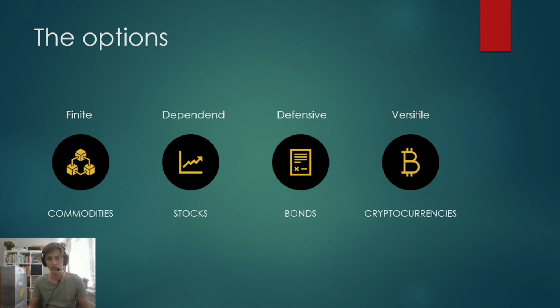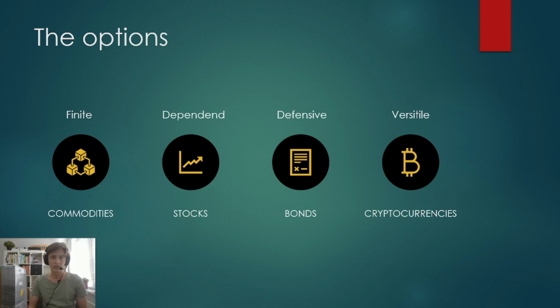With stocks, they're really dependent on all the factors. Are you in a recession and people can't buy that much? They won't be buying on the stock market. They won't buy that many luxury products like microchips maybe, or with Amazon, they won't use their services as much as they would without the recession.